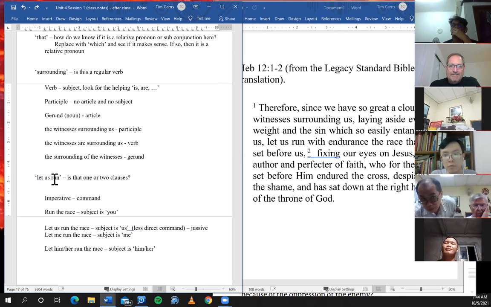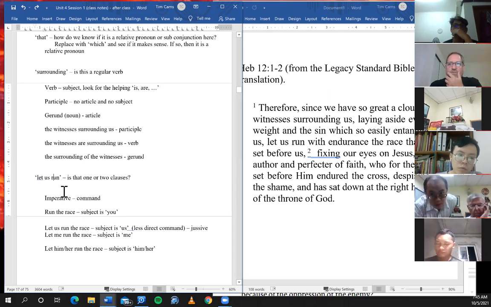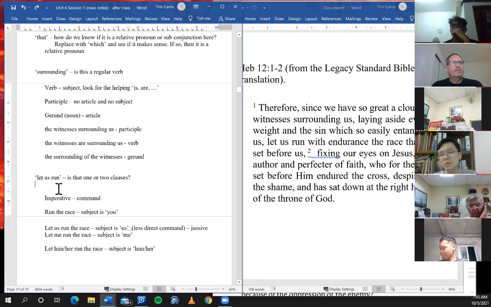So when we meet imperative, we just treat it as one unit of the clause, right? Yes, let run would be the verb, not just run. Okay, thank you. All right. Isn't English fun?